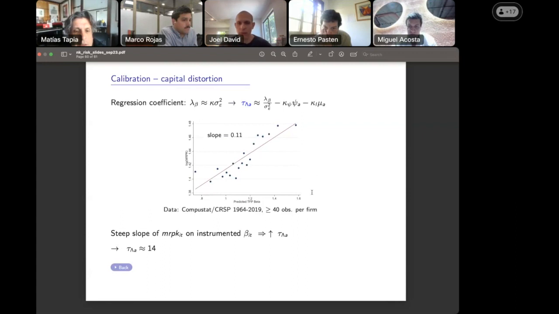So this is like the first stage of the IV, where I've regressed betas backed out from the firm level production data on firm stock market beta. What we can see is this strong positive relationship between these betas and marginal products of capital. And that's telling me something about the level of the distortion, along with, of course, all the other parameters of the model, since everything is done jointly.